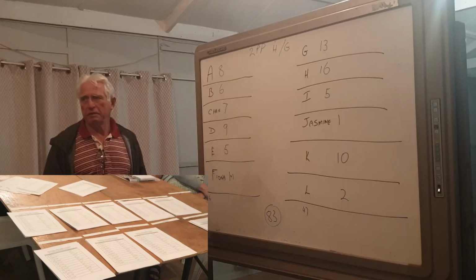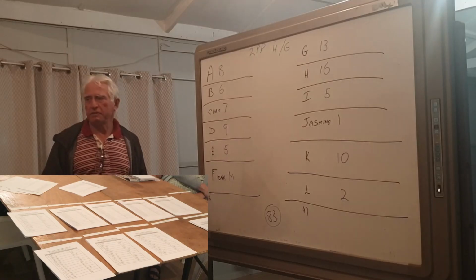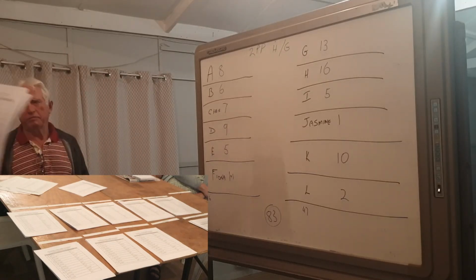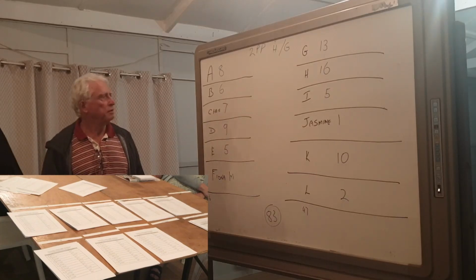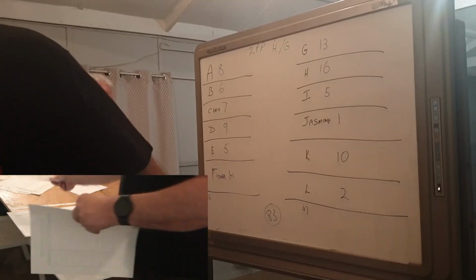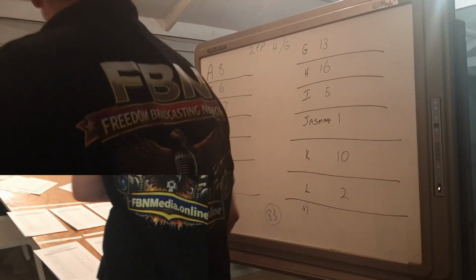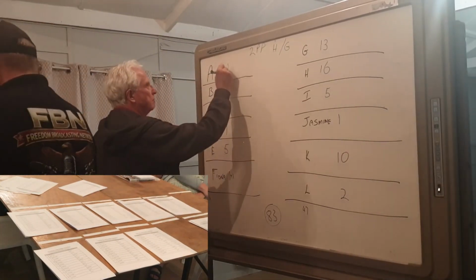Because number 1 was Jasmine, number 2 is now Fiona. So I can't go on to Fiona. So I have to go for the next one in the list, which is 3, Alex Turner, party A. So it goes over to party A. So party A gets 1.